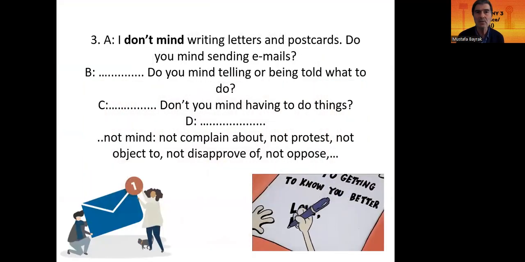Now, 3A: I don't mind being, having something. I don't mind writing letters and postcards. Do you mind sending emails? No, of course not. I don't mind sending emails. It's okay for me. Do you mind telling or being told what to do? It depends on the situation.